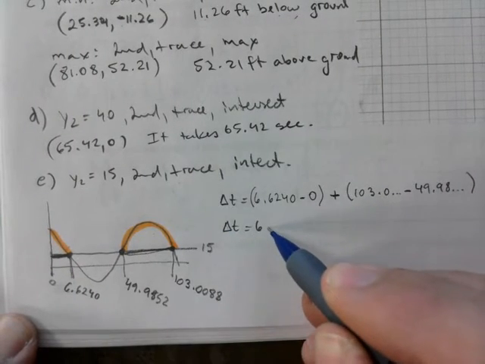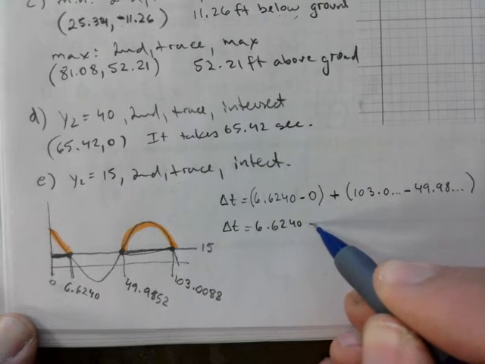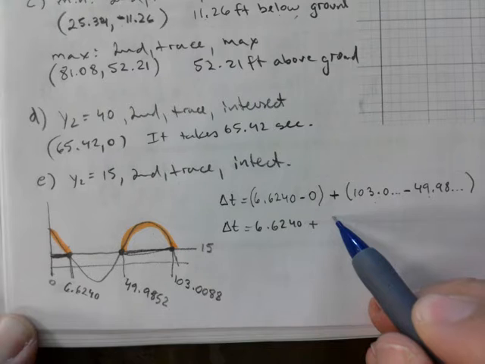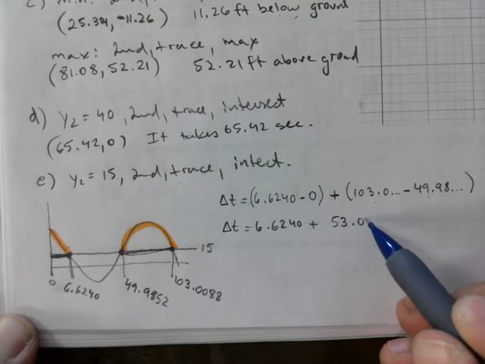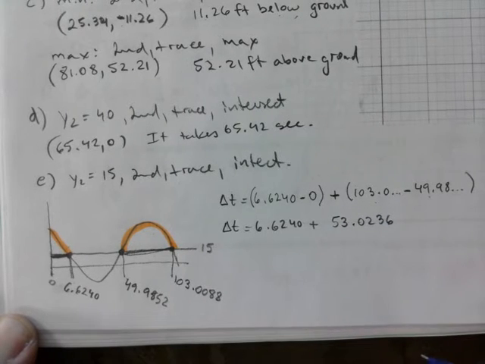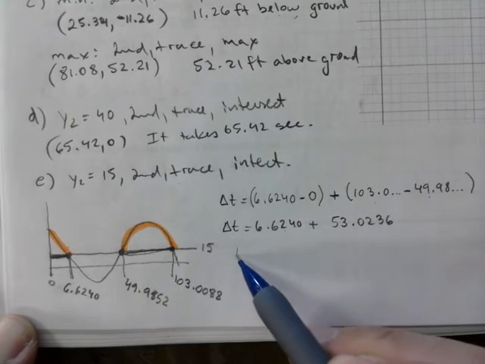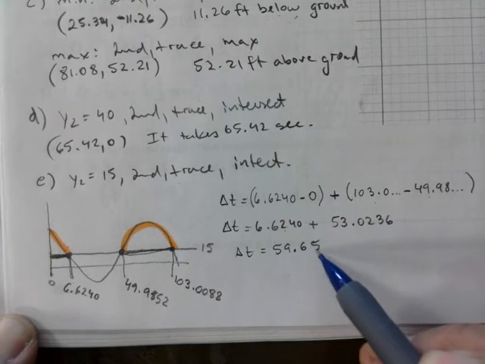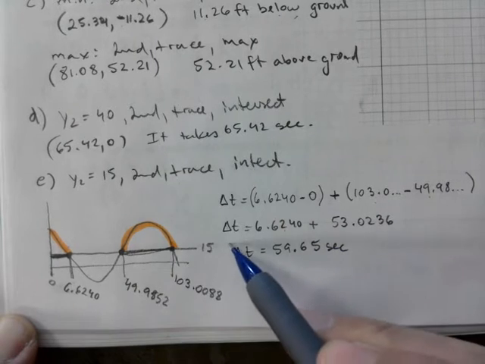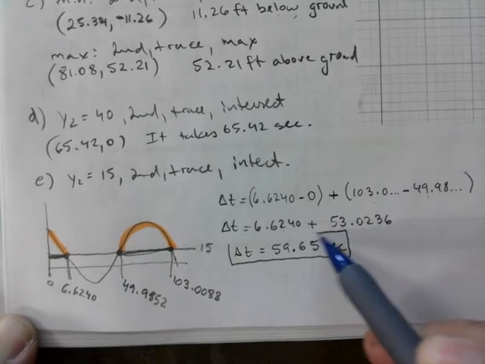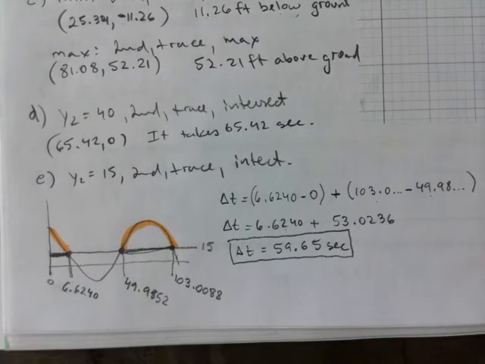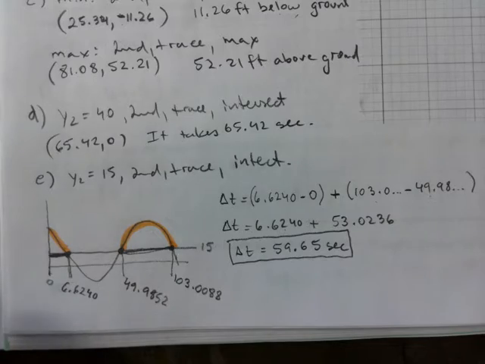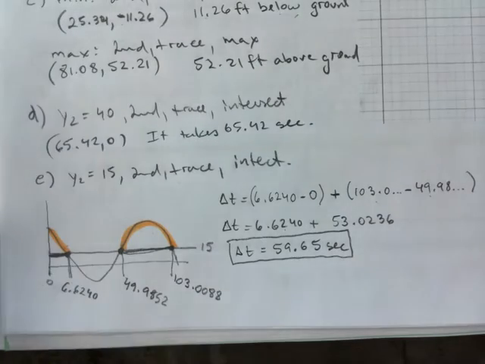So this is obviously 6.6240 plus, when you subtract these two, you get 53.0236. And then I'm adding them, and you get 59.65 seconds. And I did this just to practice it one more time, right? So that's your answer for E. Okay.